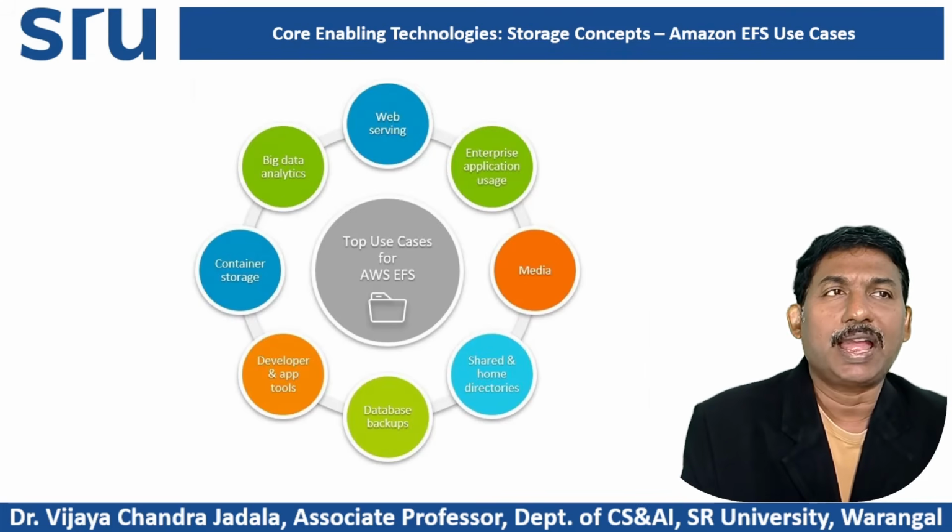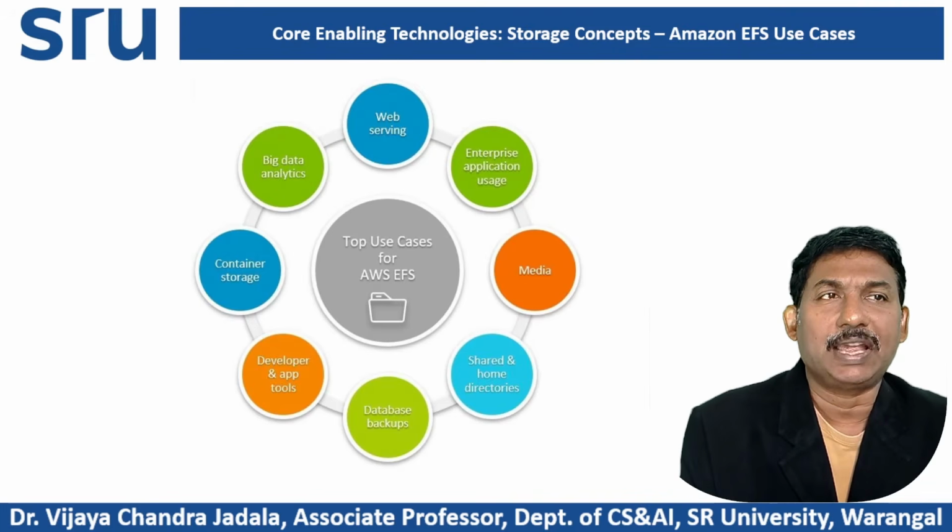The user can access their files from multiple instances, and the file system automatically scales up as the data files grow or scales down as the data files shrink. So this is all about shared and home directories, which is one of the use cases.